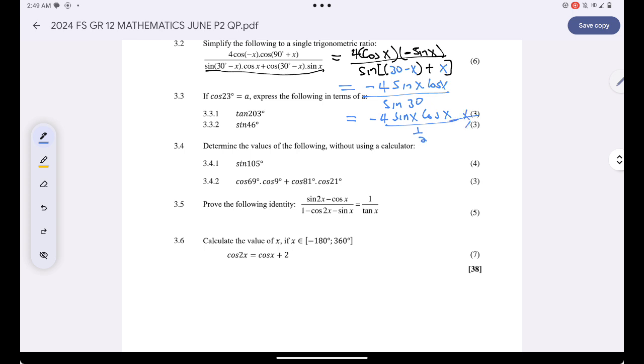Whenever I'm dealing with fractions, I don't want a fraction within a fraction, right? So I'll multiply the top and bottom by the problem I want to remove, which is this guy. At the top I'll now have negative 8 sine x cos x. At the bottom I'll have 1, so I don't have to write the 1, right? This can be written as 4 multiplied by 2.